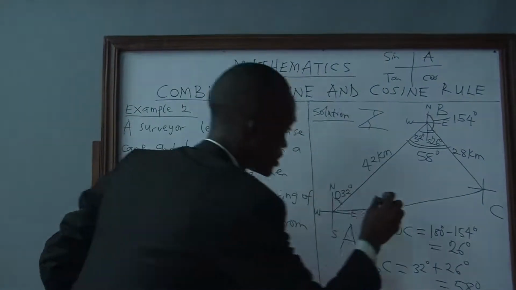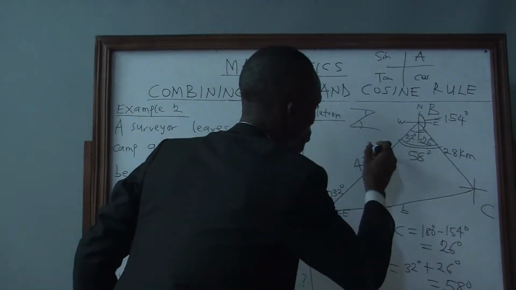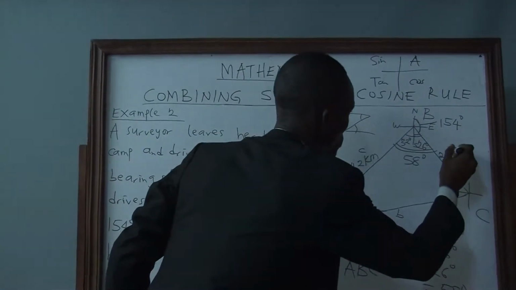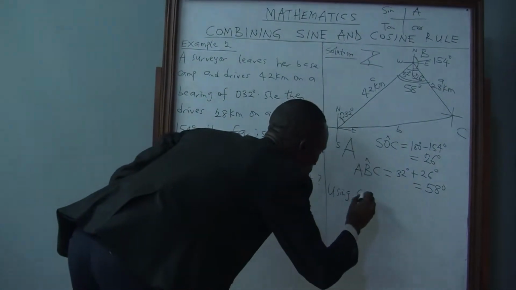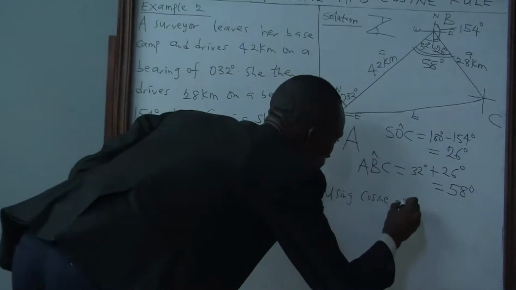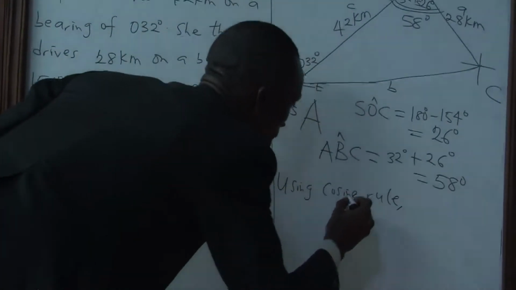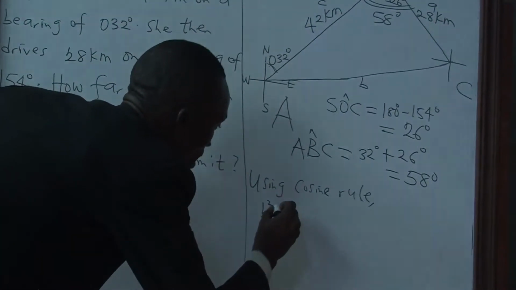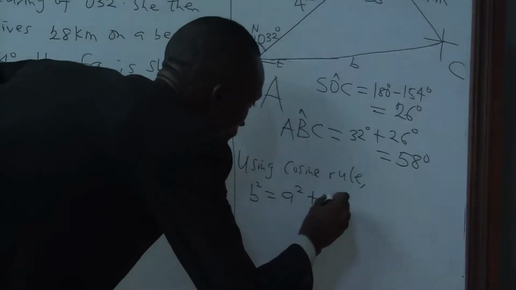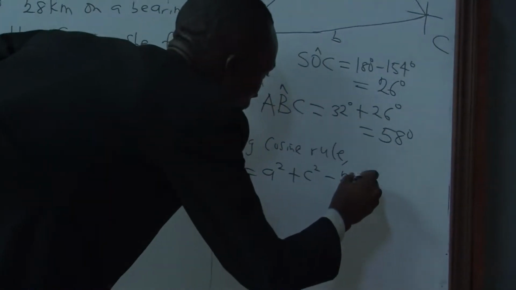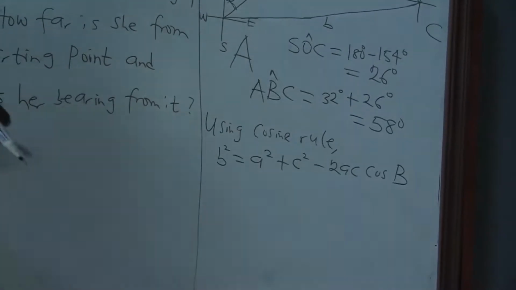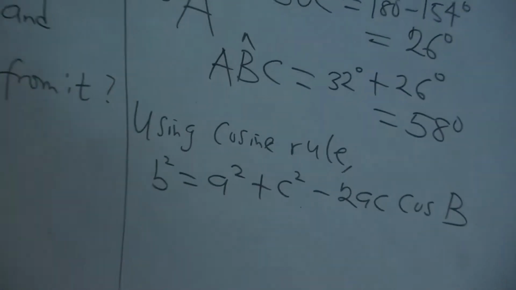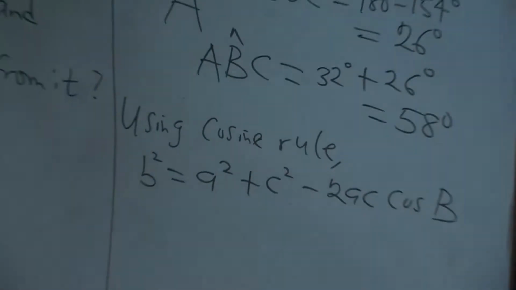So we label this one small b, this one small c, and this one small a. By using the cosine rule, we have b squared equals a squared plus c squared minus 2ac cos B. We don't know b, we know what a is, and we know what c is.